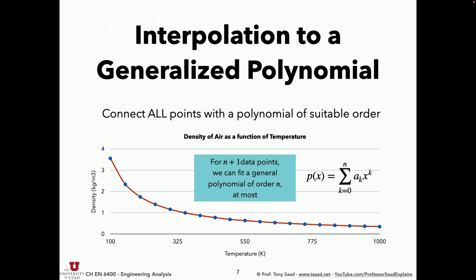What's a general polynomial? a0 plus a1x plus a2x squared plus a3x cubed, and so on and so forth, right? So when you have n plus 1 data points, you can fit a general polynomial of order n at most, okay? And you might say, well, polynomials are going to be better interpolants. Sure, but not really. Only locally, and we'll understand why.